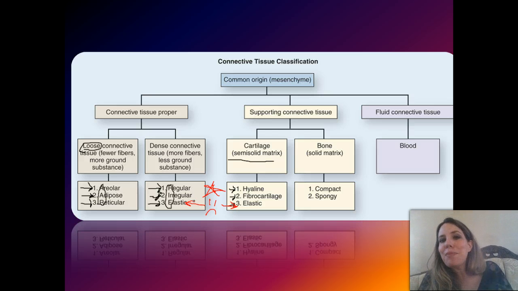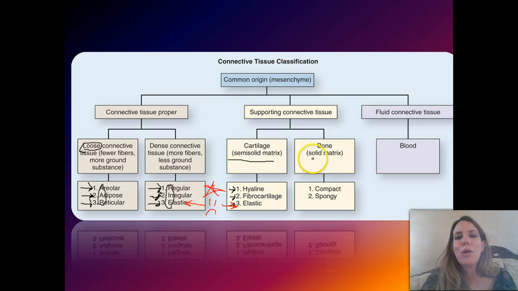The other one is a type of cartilage, which is a type of supporting connective tissue. Both are called elastic. We'll try to keep those straight, but just to alert you, be careful. And then, of course, we have elastic fibers, too. So that one's always a stumper. So hyaline, fibrocartilage, and elastic are the different kinds of cartilage, which is a type of supporting connective tissue.